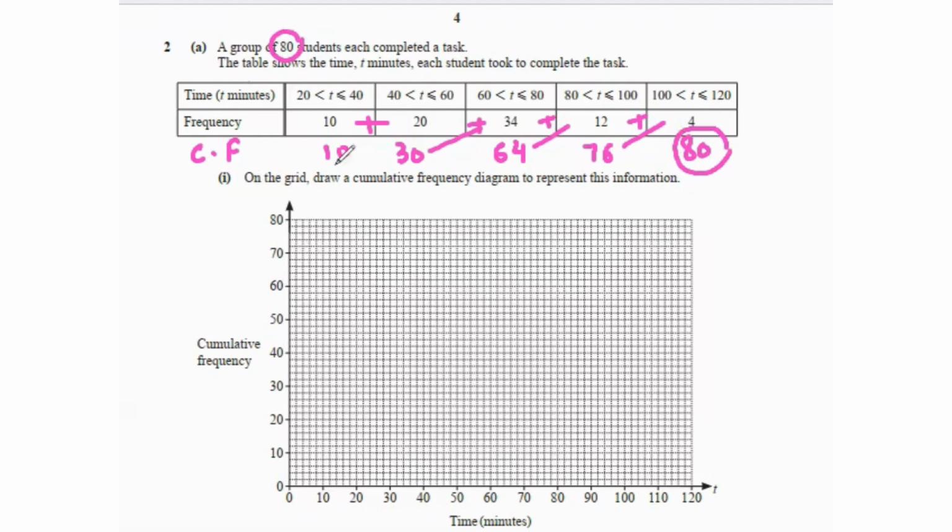So going back to the graph, the cumulative frequency values are going to be on the y-axis and the class intervals are going to be on the x-axis. So for 10, we're going to make it over here. For 20, sorry, for 30, it's going to be this one.